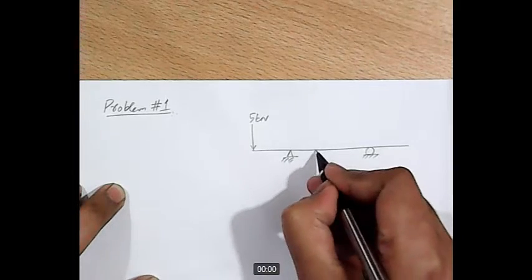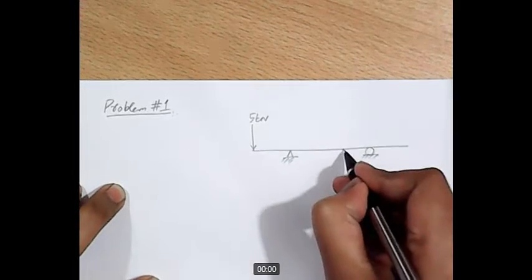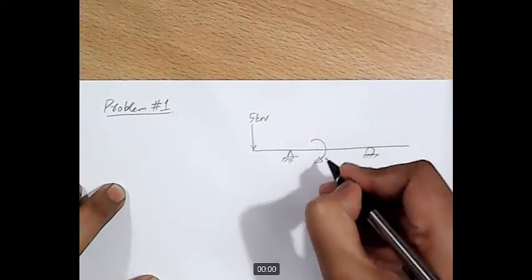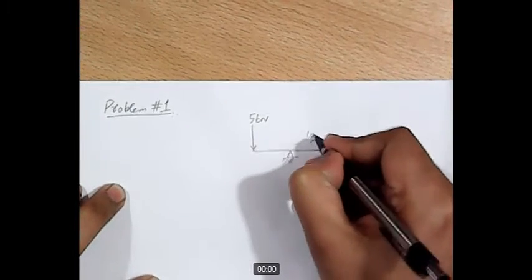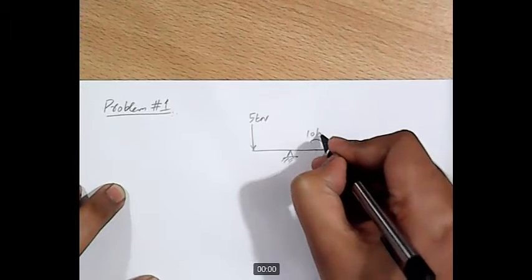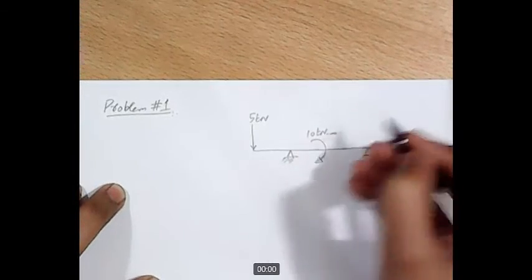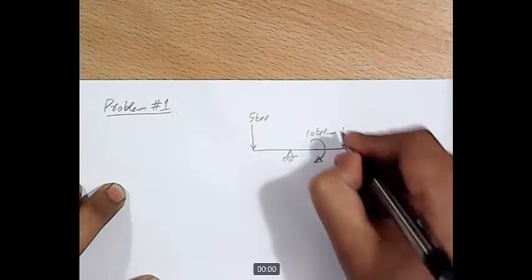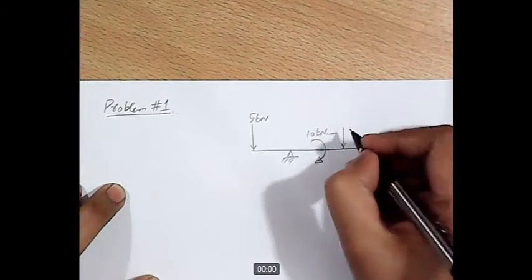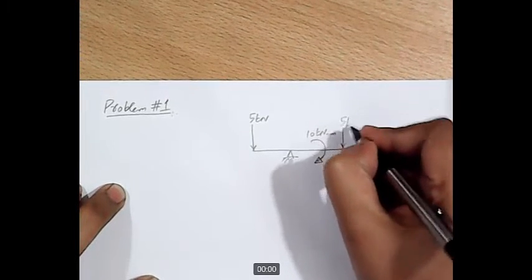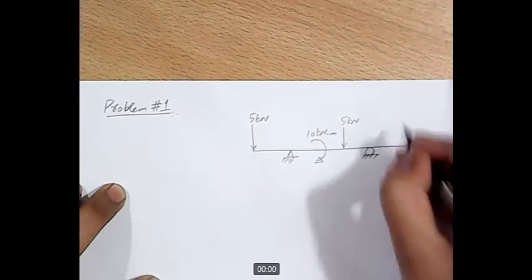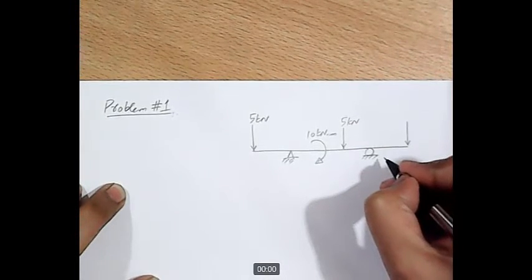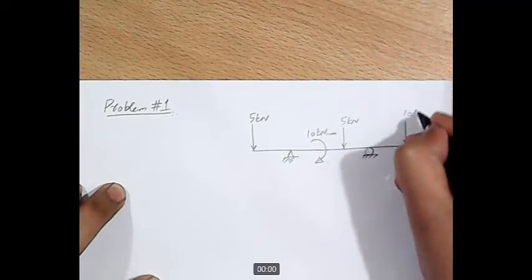Then in this portion we have two loads acting. One is a point moment with a magnitude of 10 kilonewton meter, and a point load with a magnitude of 5 kilonewton. There is another point load acting at the extreme right end of the beam whose magnitude is 10 kilonewton.